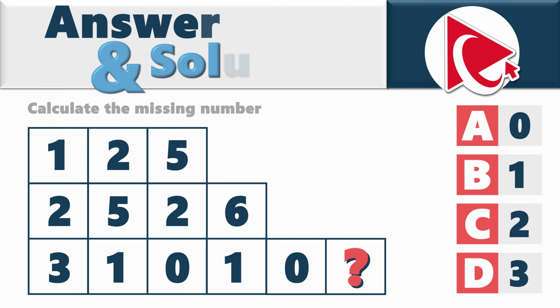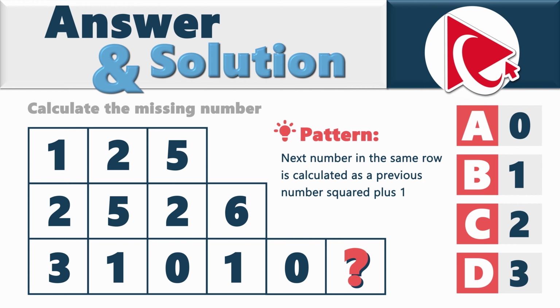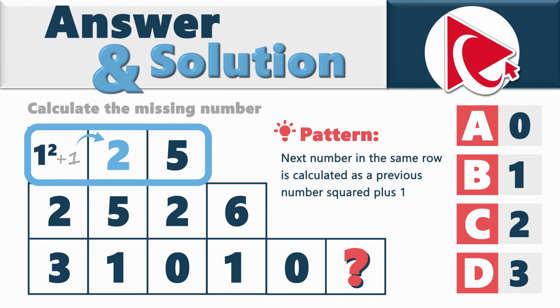You might be surprised, but there is a pattern, and there are calculations that describe how each number in each row is calculated. In fact, the pattern here is that the next number in the same row is calculated as the previous number squared plus 1. Let's look at the example. For the first row, the calculations would be 1 squared plus 1 equals 2. 2 squared plus 1 equals 5.